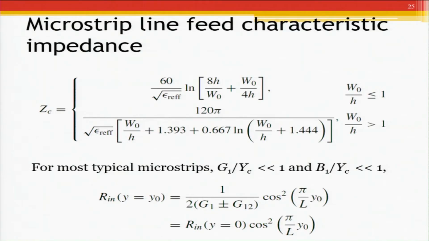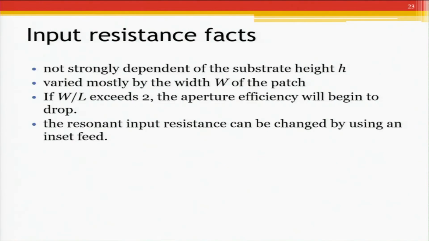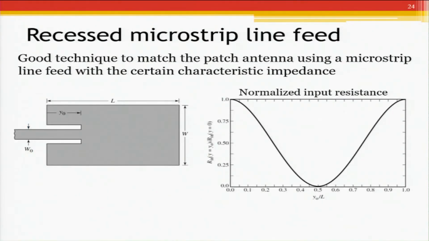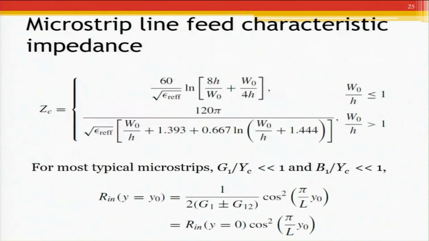It's not the patch width, it's the width of your feed line. So this is your W0. But normally the feed line impedance is given in the exam, homework, or practice problem, so you might not need to determine the characteristic impedance here.